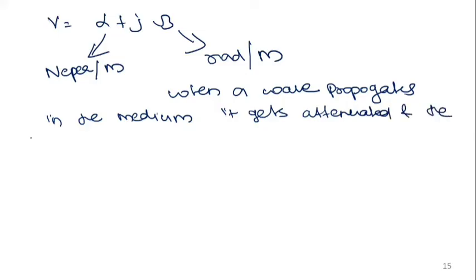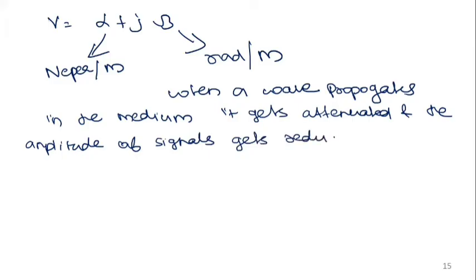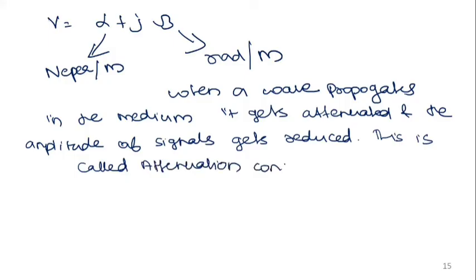So it gets attenuated, and the amplitude of signals gets reduced, right? You have seen how it is getting reduced mathematically. This is called attenuation, and the constant involved is the attenuation constant. That is alpha.